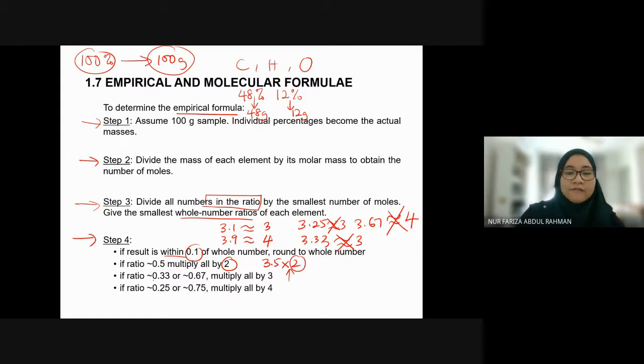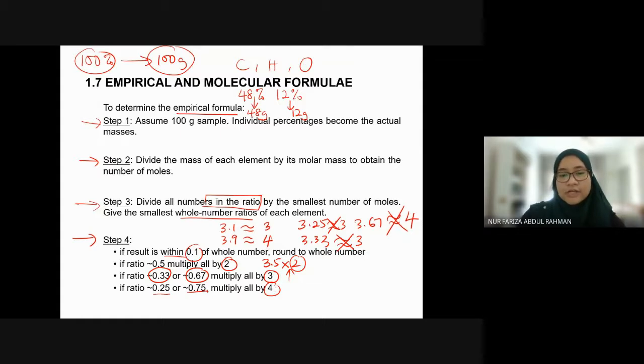If the ratio is 0.33 or 0.67, or almost equal to 0.33 or almost equal to 0.67, you need to multiply with a factor of 3. And the same goes if you got 0.25 or 0.75, you need to multiply with 4 in order to get the closest whole number.